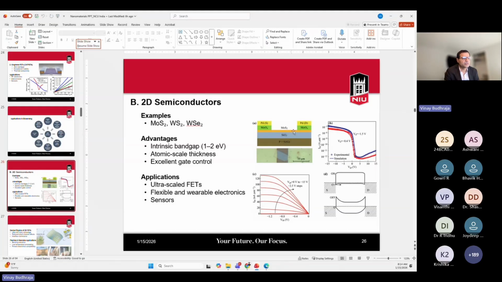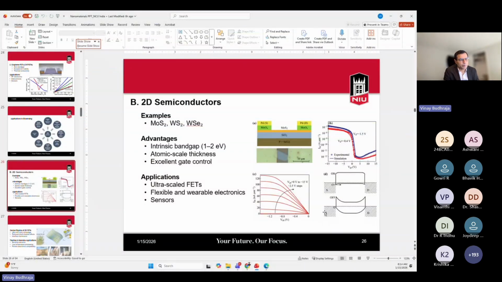Here is the side view of MoS2 based FETs. On top of the SiO2, a small layer of MoS2 is deposited, and then it completes its MOSFET base structure. It has the advantage that the intrinsic band gap lies between 1 to 2 electron volts, it has atomic scale thickness, and it has very good gate control. These are ideal for ultra scaled FETs, flexible and wearable electronics.